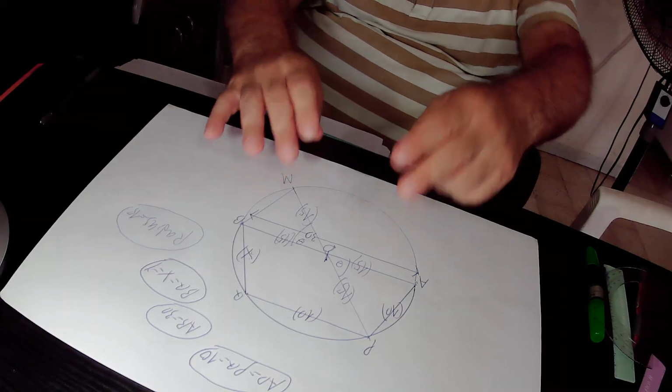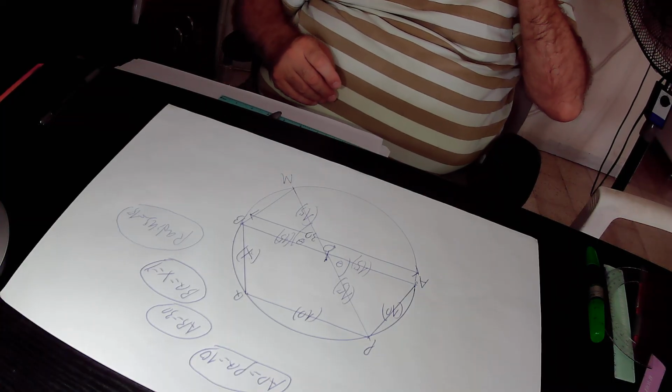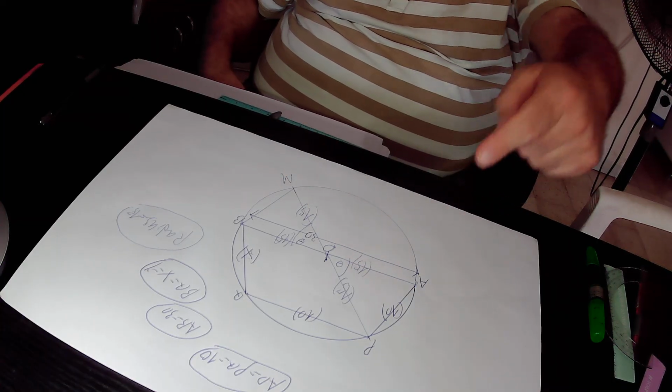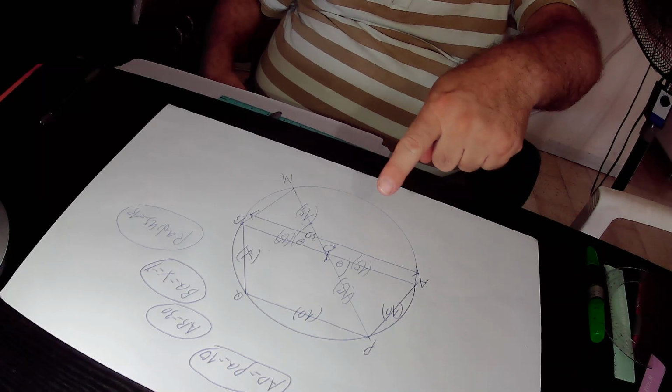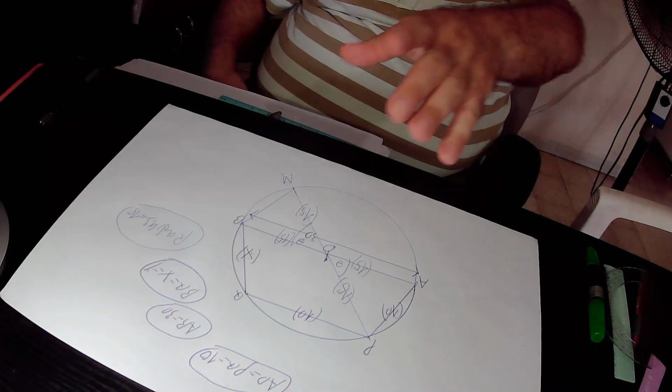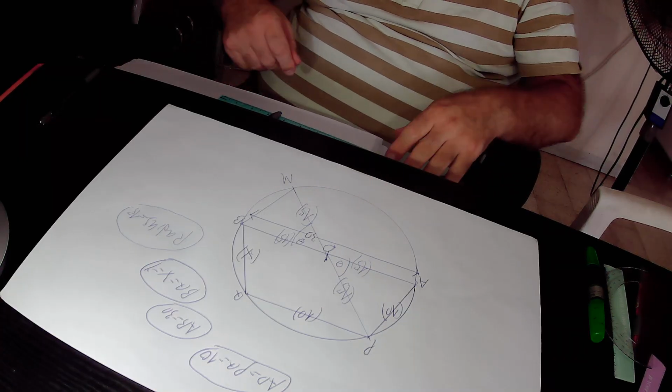Why can those two triangles go into each other? First of all, side PO of triangle APO is equal to side OM of triangle MOB. They are both radii of the circle, therefore they are equal to each other.